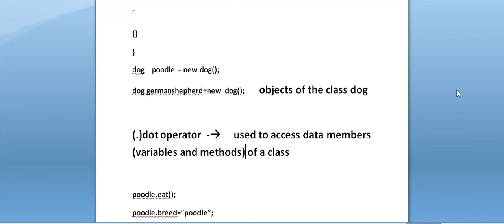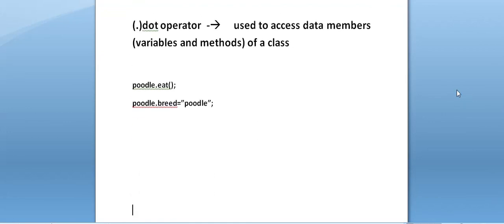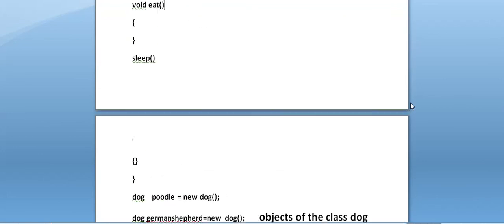So here in this example you can see poodle is the object, with the dot operator, eat is the data member, that is the method name of the class dog, and here breed is the variable of the class dog.